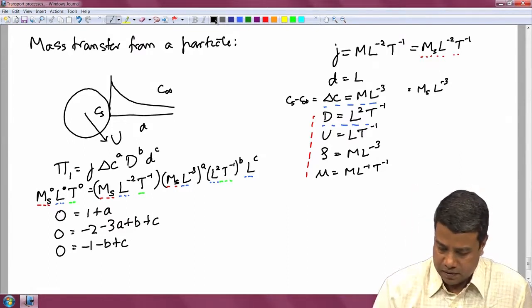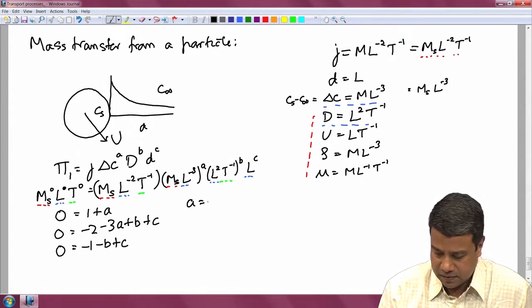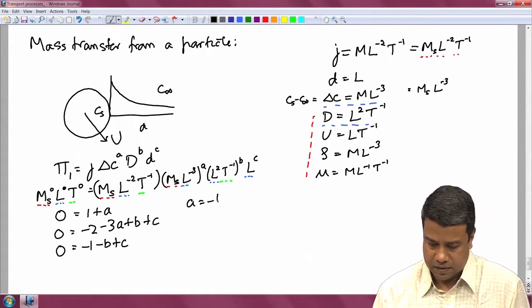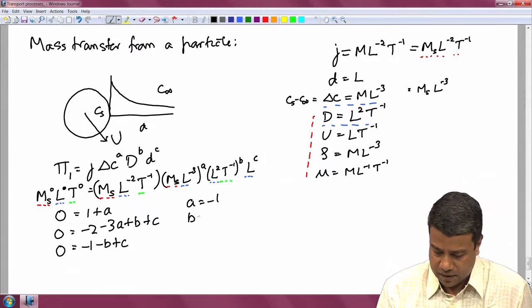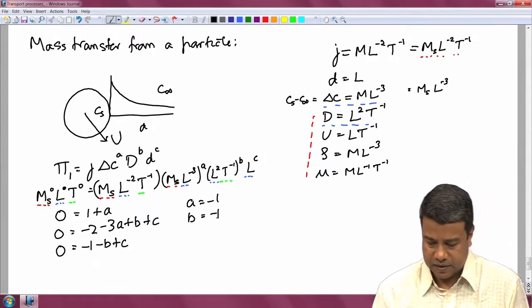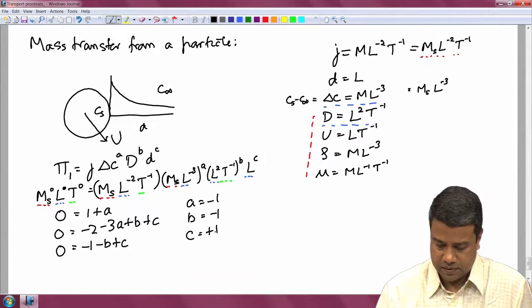First thing you will get is that A is equal to minus 1. You will get B equals minus 1 and C equals plus 1.